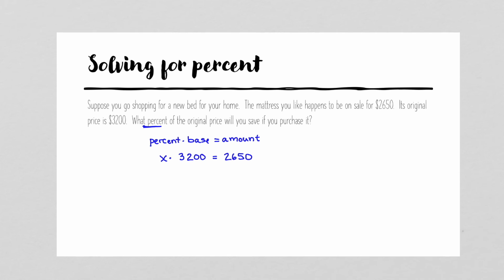And now I'm set to solve for X, or our percent. So let's divide. Whoa, slow down, Tina. I got a little ahead of ourselves. So what we're actually going to do is solve this equation. On the left side, I'm going to rewrite it as 3,200 times X equals 2,650. And I'm going to divide both sides by 3,200 to set X by itself.